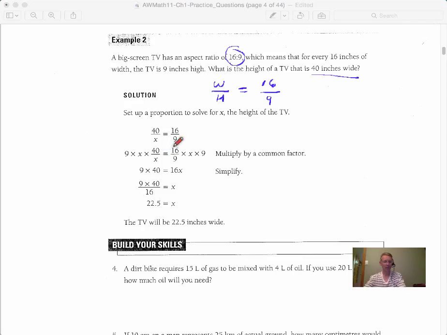They are multiplying both sides by 9x, 9 and x. If we do that, these x's will cancel. And if they're multiplying by 9x on this side, the 9's will cancel. So that means it'll be 9 times 40 equals 16 times x. Now if you divide both sides by 16, you're left with x.